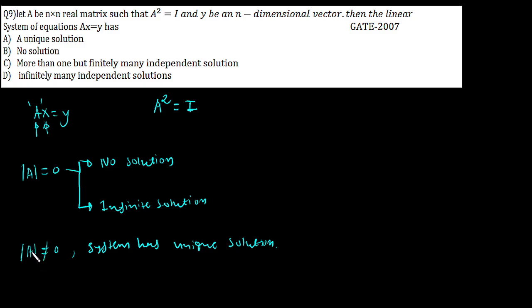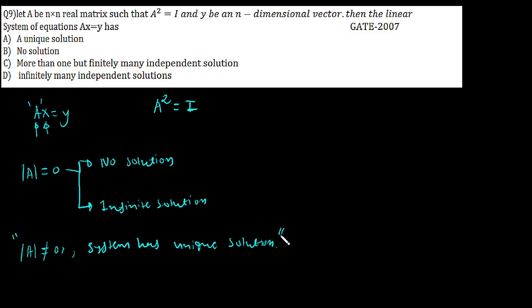It means all the rows or all the columns of the matrix are linearly independent. That means this matrix is not rank deficient, it has full rank. So from the basic concept, the rank of this coefficient matrix is exactly the same as the rank of the augmented matrix, which is exactly the same as the number of unknowns in this particular case. So the system has a unique solution.